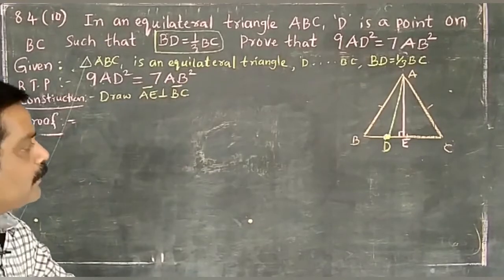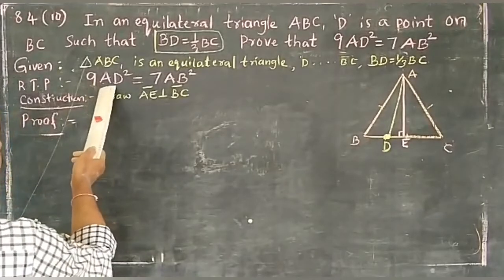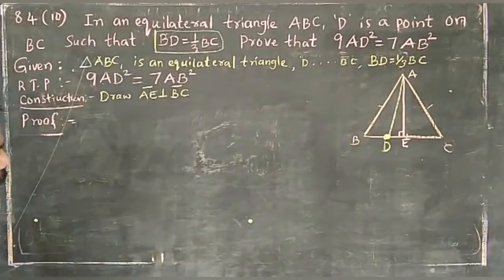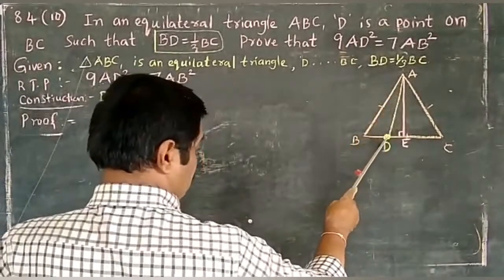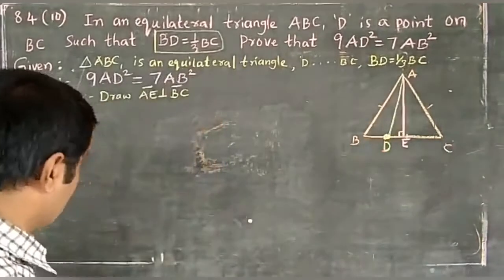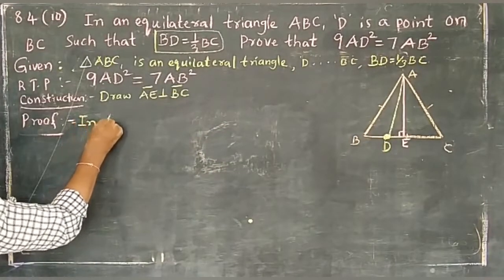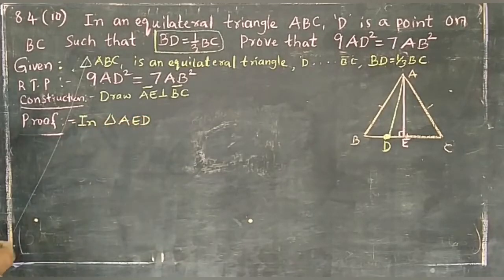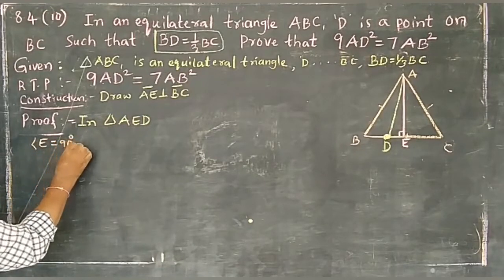Next, my intention is to find 9AD square is equal to 7AB square. Here AD is there, so we focus on the AD side. With AD, which triangle is a right angle triangle? Triangle AED is a right angle triangle. In triangle AED, angle E is equal to 90 degrees.